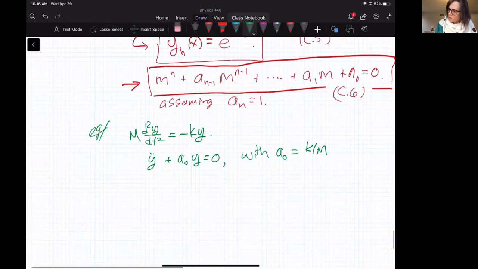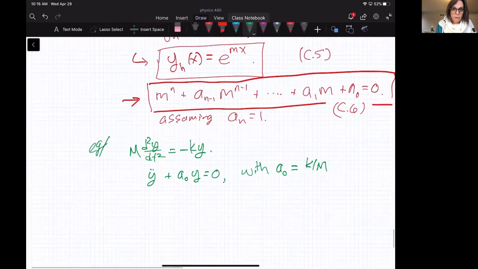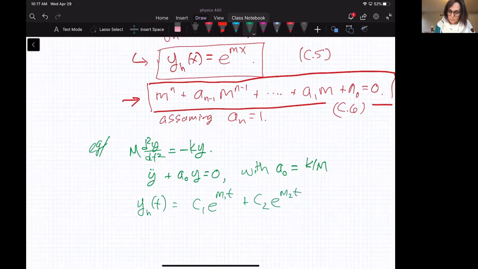That means, according to C.5, we have to look at all of those m's. Our homogeneous solution, this time with respect to time, is equal to some constant C1 times e to the m1t plus C2 times e to the m2t.